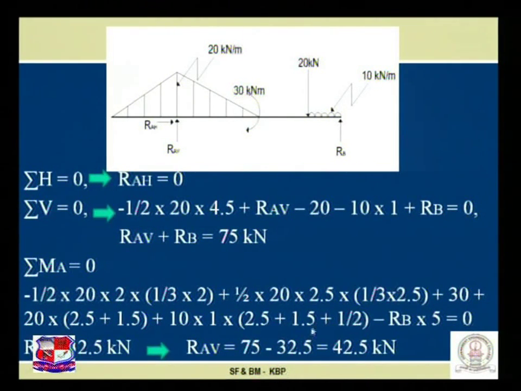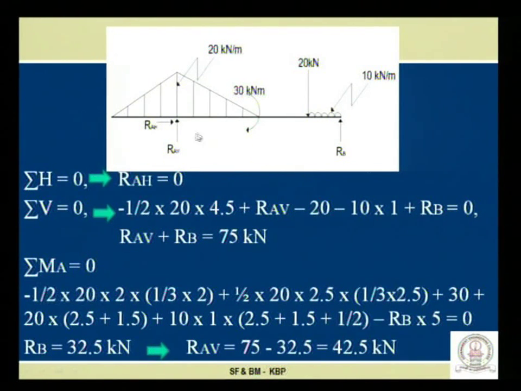By solving this, we got RB as 32.5 kilonewton, and RAV as total load 75 minus 32.5, which is 42.5 kilonewton.